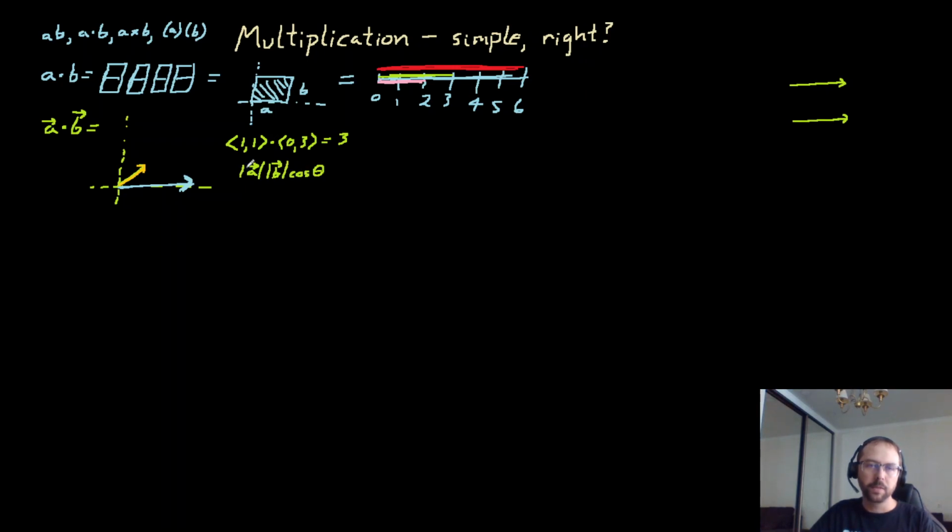In this case it would be square root of 2 times 3 times 1 over square root of 2, because this is the angle 45 degrees. I set that up on purpose to make it easier. This also equals 3. So what we see then is, just very loosely, it has to do with multiplying the magnitudes, but then also taking into consideration the angle between them. And so that's what's going on.